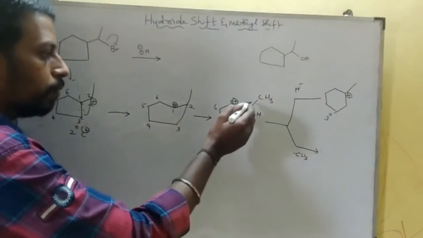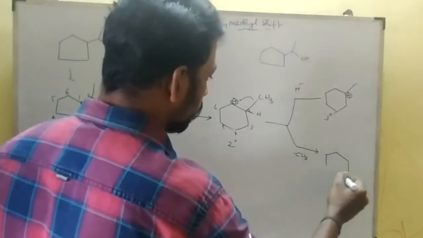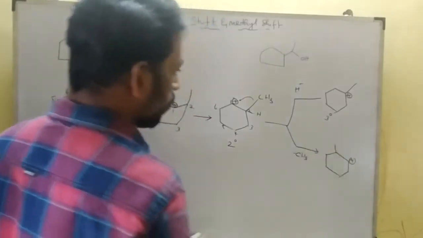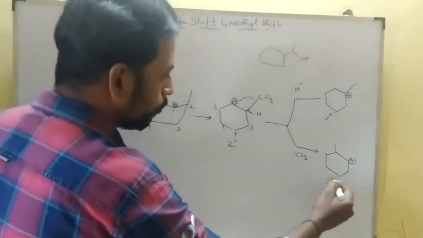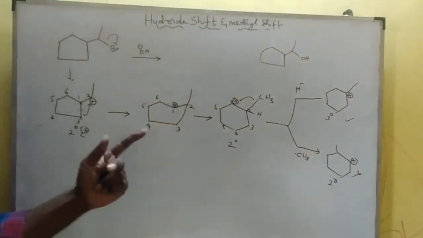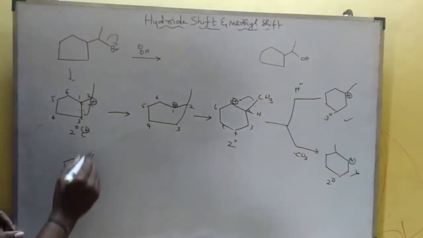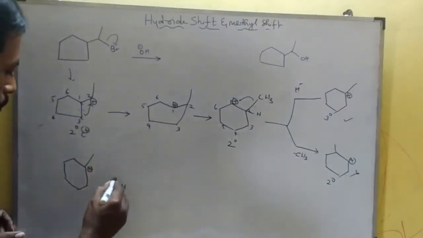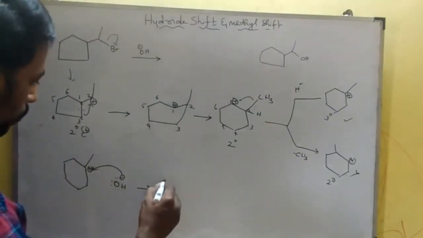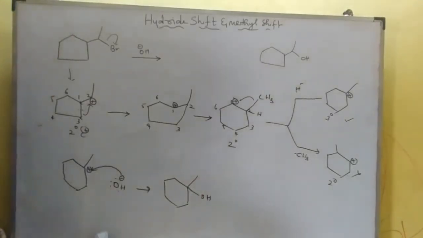If the methyl shift happens, if this methyl shifts here, this is again a secondary carbocation. So which is the more stable carbocation? This is your more stable carbocation, and this is the less stable carbocation. So the product formed will be like this, with OH minus. So this is the actual product of this.